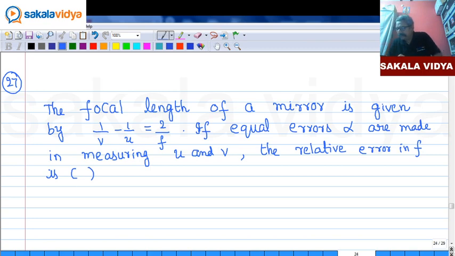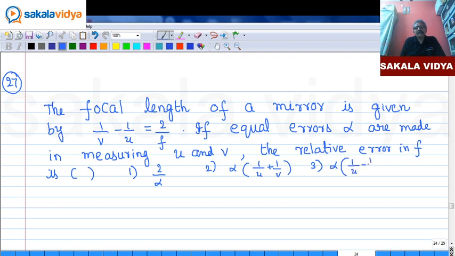Optics, focal length. First option is 2 by alpha, second option alpha into 1 by u plus 1 by v, third option is alpha into 1 by u minus 1 by v, fourth option 3 by alpha. This is the question.